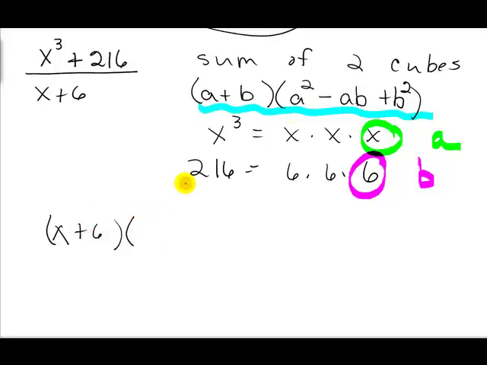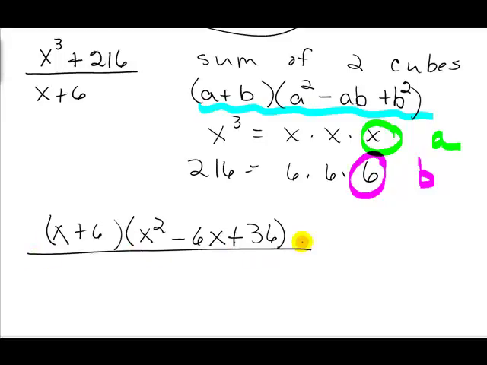Open the other set. A squared would be x squared, minus A times B would be 6 times x, plus B squared, well, B is 6 and 6 times 6 is 36. So here we have factored the sum of 2 cubes.